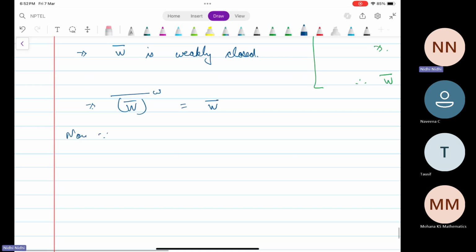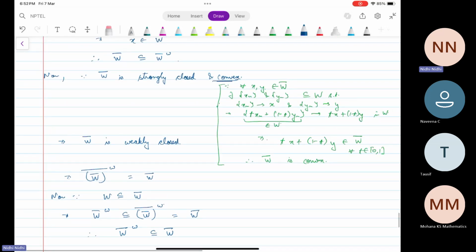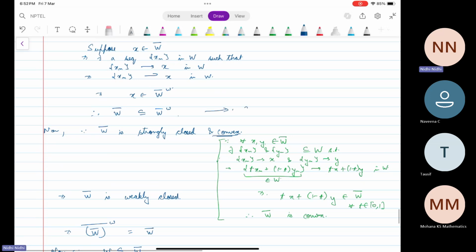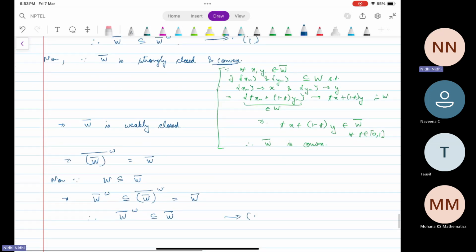Now, since W is a subset of its closure, this implies the weak closure of W is a subset of the weak closure of the closure of W, which is equal to the closure of W. This gives us that the weak closure is a subset of the strong closure. Earlier, we had the other side of the relation.